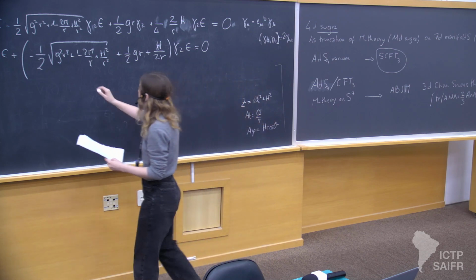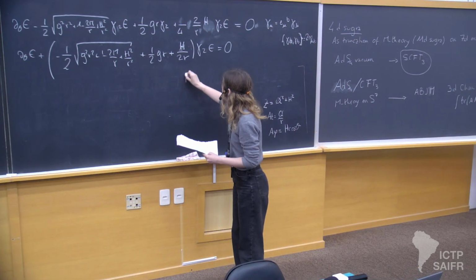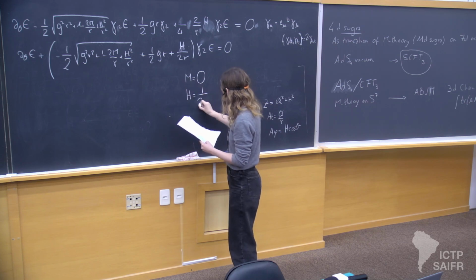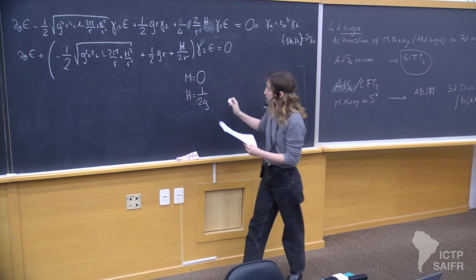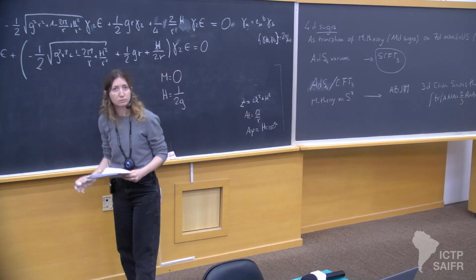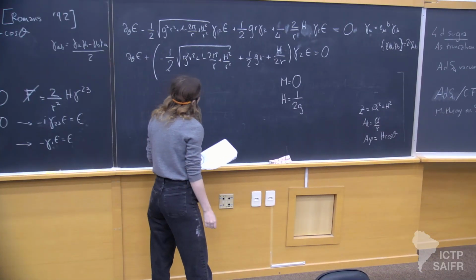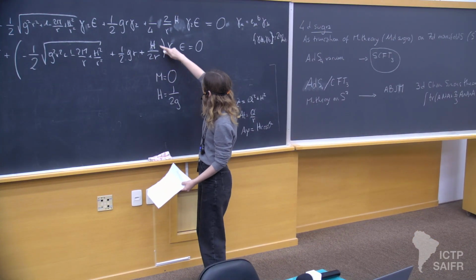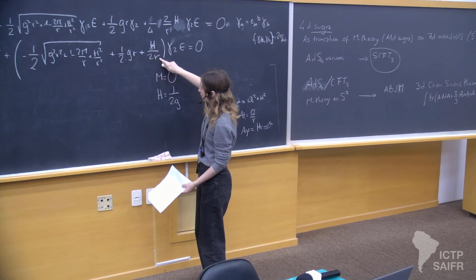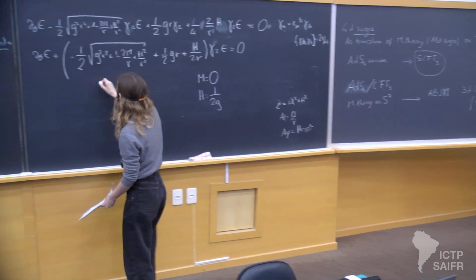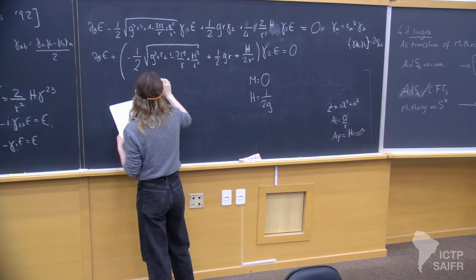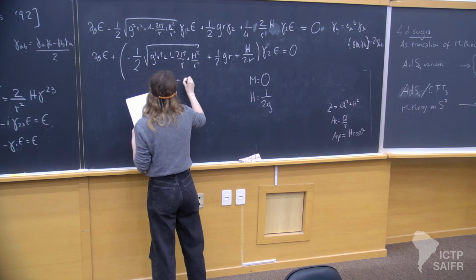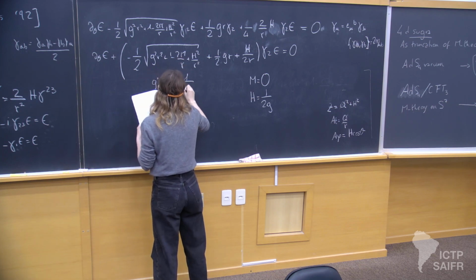So you can automatically see here that if you put M equals 0 and H equals 1/2 G, this thing is 0. Because basically you will have here 1/2 GR plus 1/4 GR, and this thing here becomes a square, right? It becomes G squared R squared plus 1. This is set to 0, and this will become 1/4 G squared R squared.